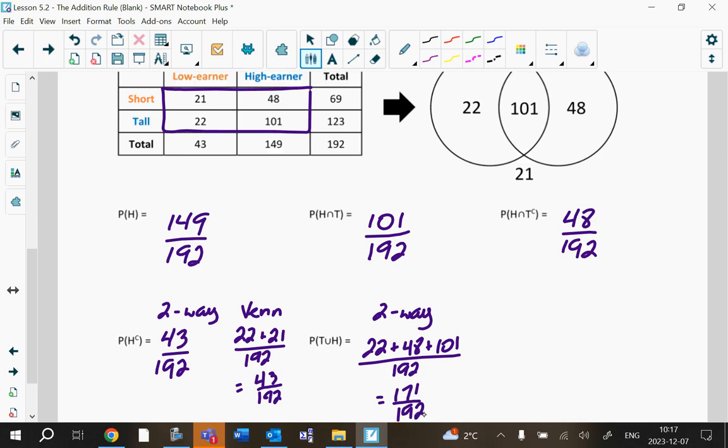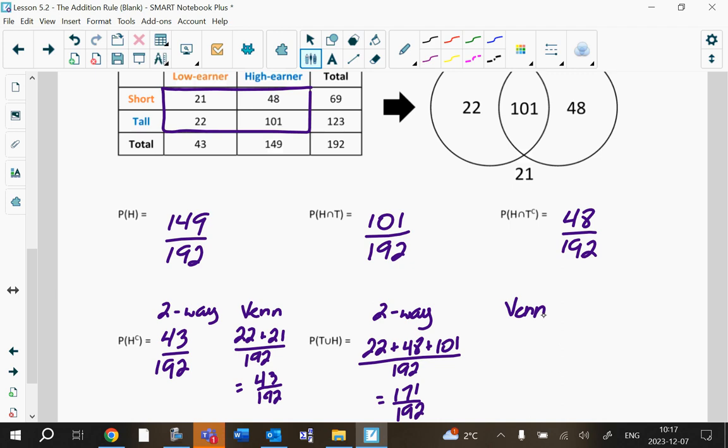How would you calculate it if you didn't have that table, you just had a Venn diagram? There's a couple ways you could calculate it. Thinking of the probability formula, everything on the inside and add it.